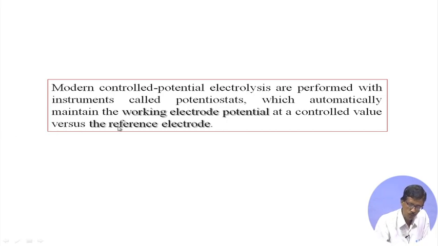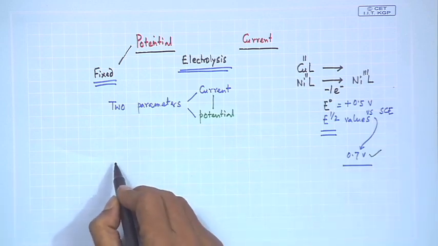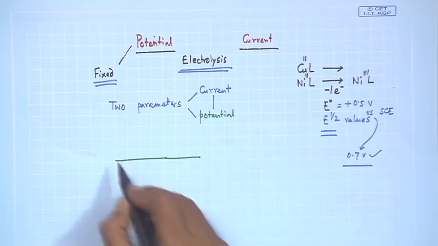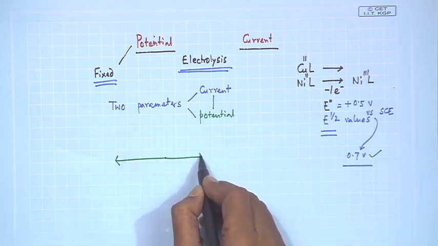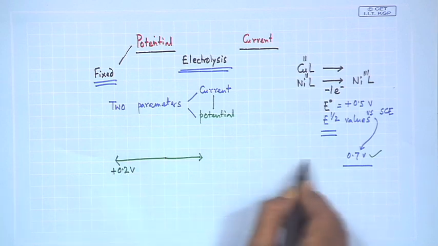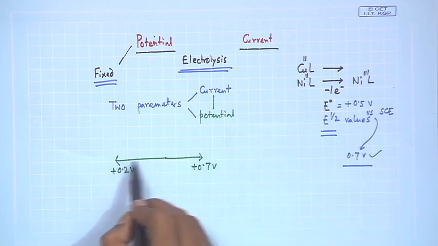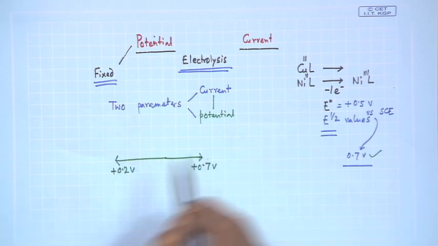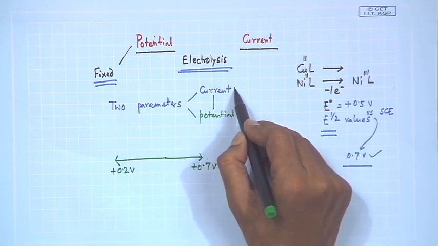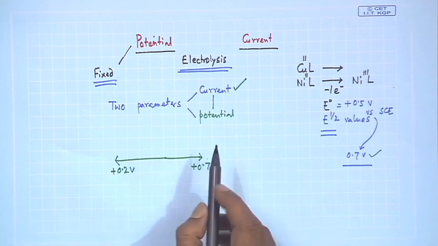So, if we require, you can have a 0.7 potential value, and sometimes we also require that your potentiostat scans a particular range, say plus 0.2 volt to plus 0.7 volt. When we scan, the corresponding current available within the circuit through the electrodes dipped into the solution can be measured.